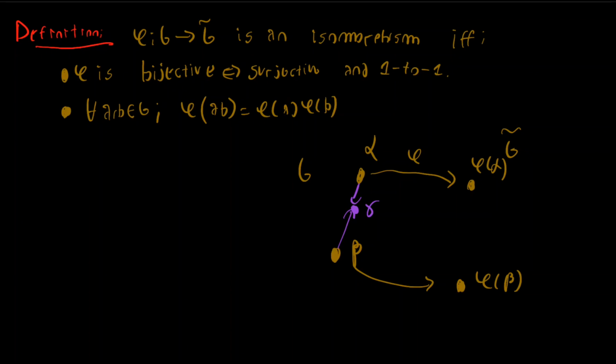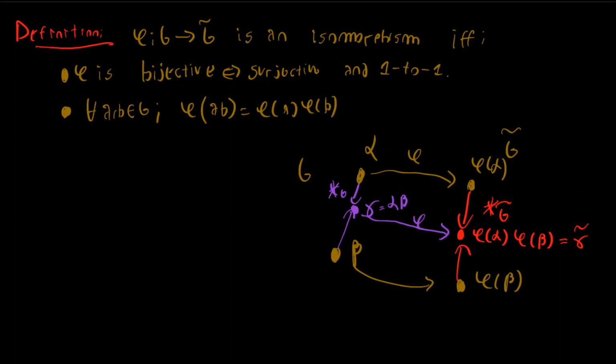Then what we want is that if we now combine these other two elements under the operation of G tilde, which is equal to phi alpha times phi beta, we can call this gamma tilde, and let's also specify here that this is alpha times beta. Then what we want is that if we map this under phi, we go here. This is basically what an isomorphism is, more graphically.